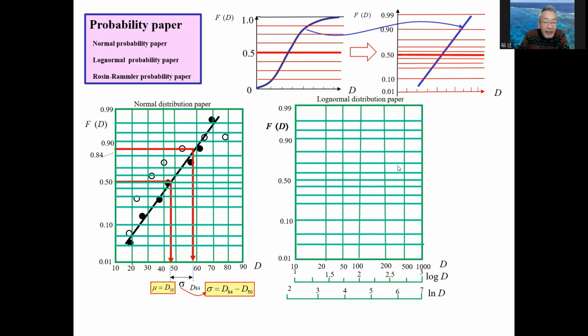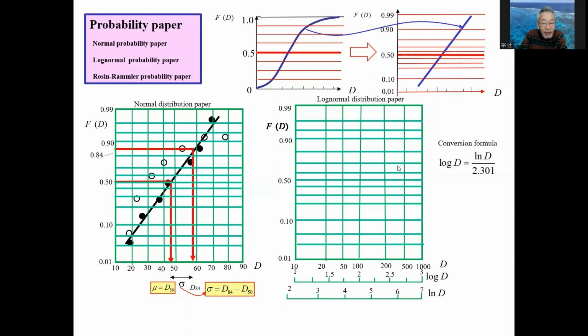As is indicated in the lower part of the figure, if we use common logarithm D or natural logarithm D for the horizontal axis, the scale interval will be even. Then that probability paper using the logarithm D as horizontal axis is the same as the normal probability paper on the left.